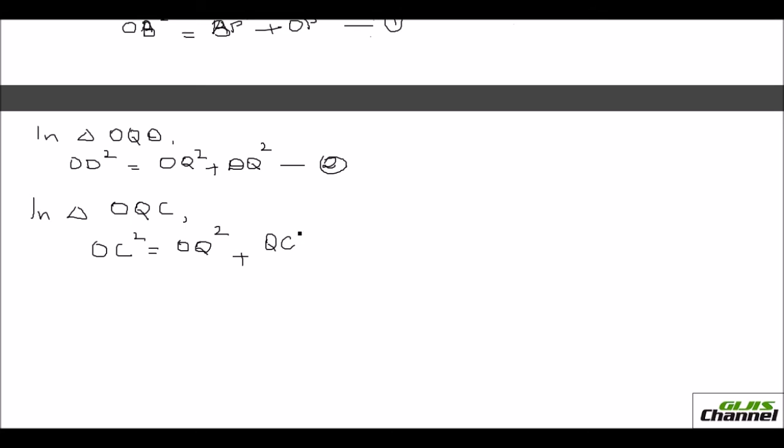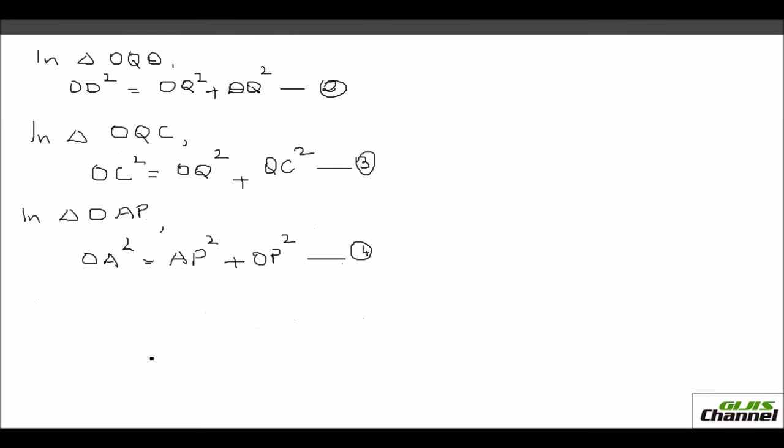This is equation 3. And the last triangle we are doing is OAP, where OA square is equal to AP square plus OP square. So this is equation 4.